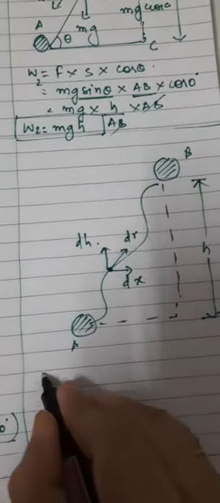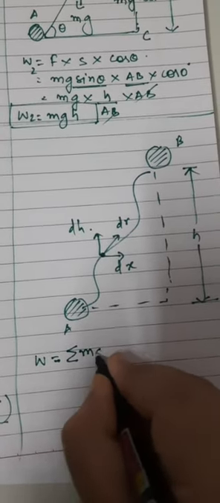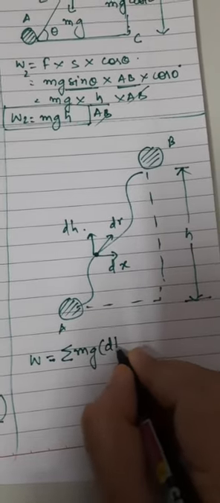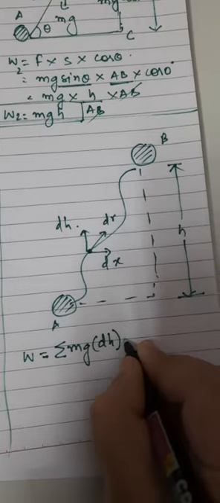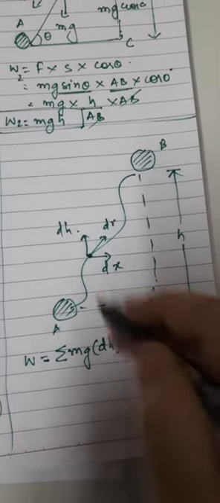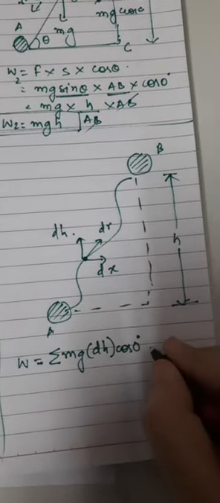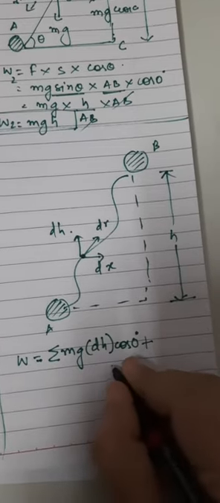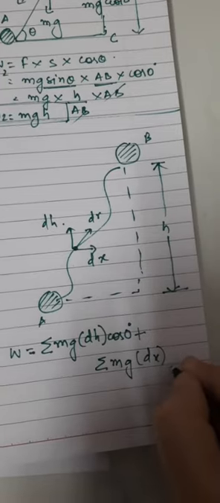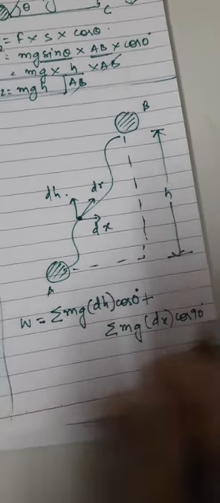If I want to find the work done, it can be written as the summation of mg into dh for the vertical component, multiplied by cos 0, because the force and the displacement are both in the perpendicular direction. Similarly, it is the summation of mg into dx for the small horizontal displacement, and the angle between them is 90 degrees, so cos 90.